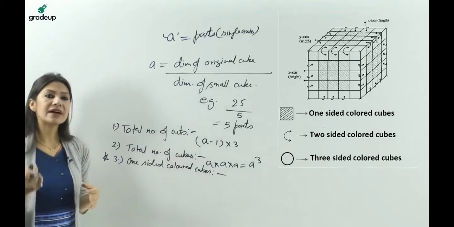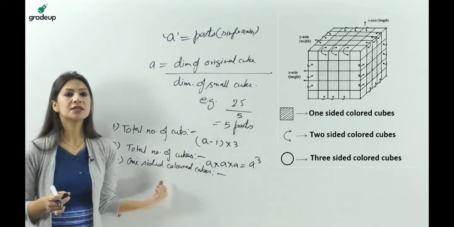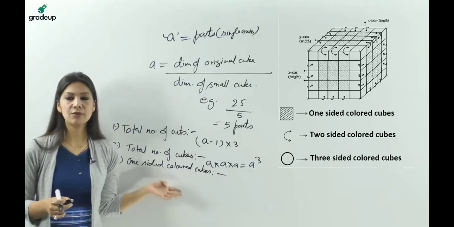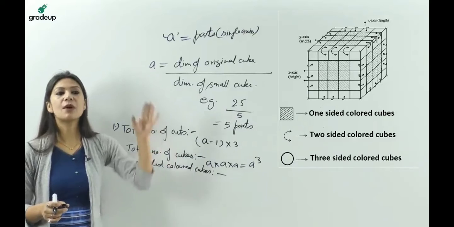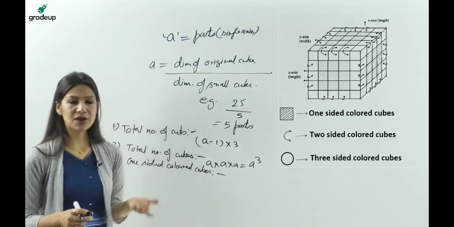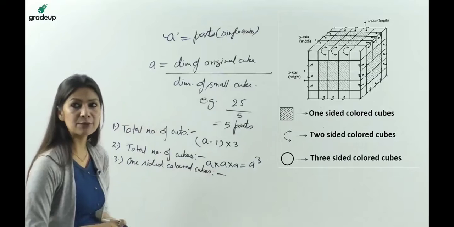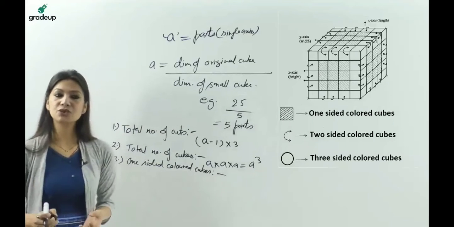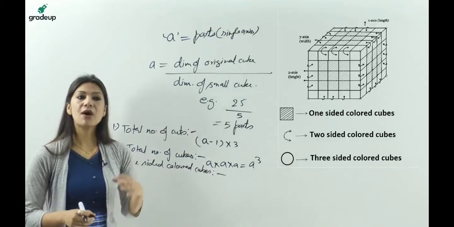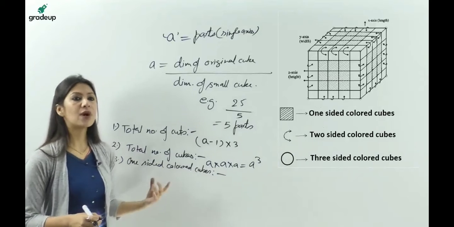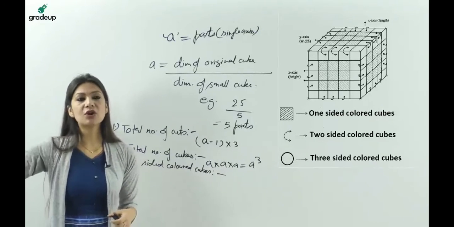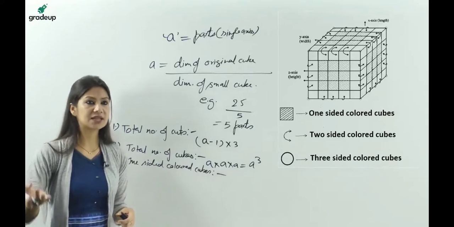So from where can I check out the one-sided colored cube? From the surface, from the edges, or from the corners? My question, students, is from where I can check out the one-sided colored cube. Should I check on the edges or on the corners, or do I have to check in the surface?